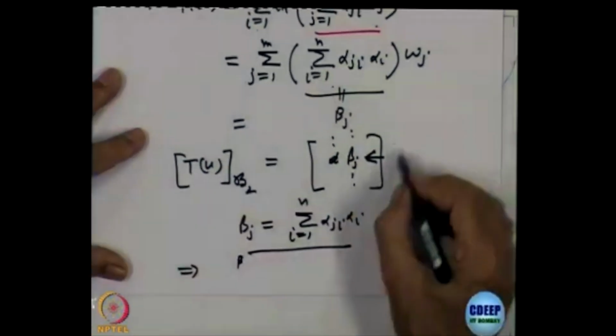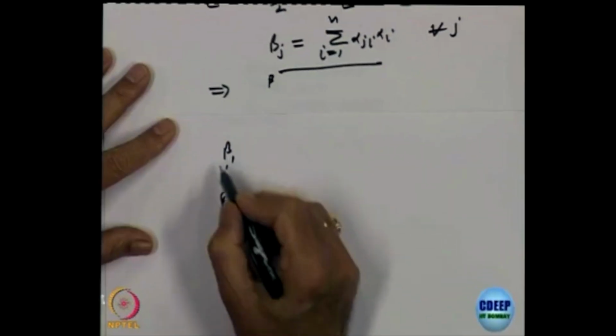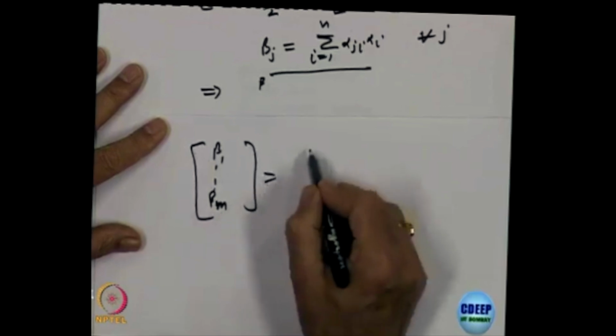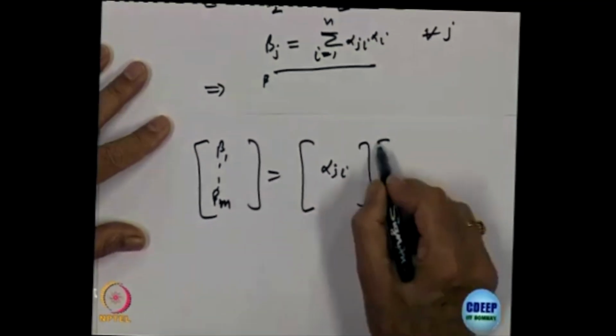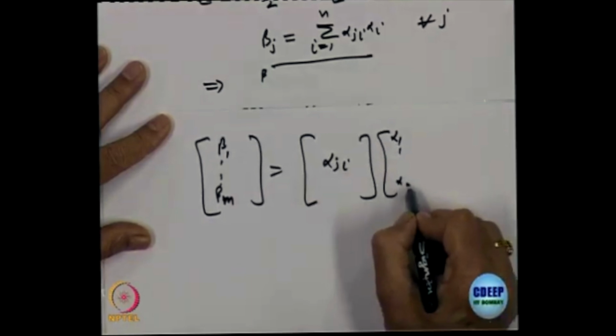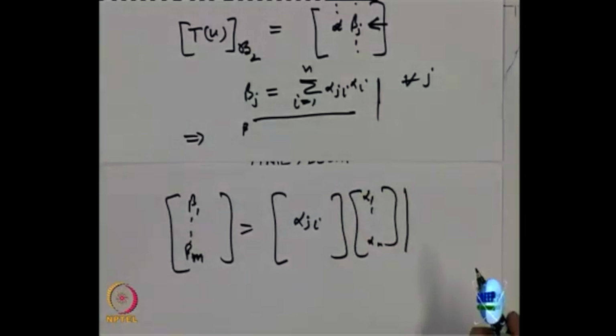So this implies that this vector, let me just write here, beta 1, beta j, beta m, is equal to the matrix alpha j i times the vector alpha 1 up to alpha n. This equation is precisely saying this. Right.